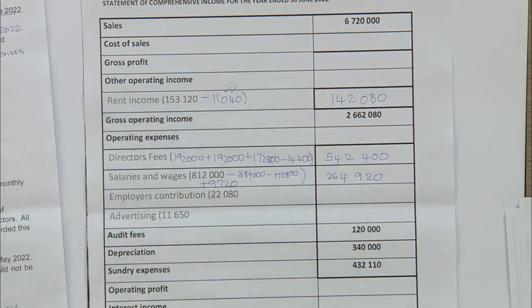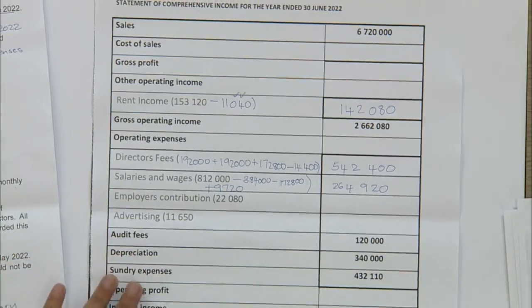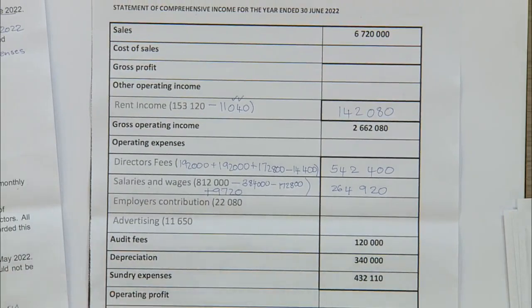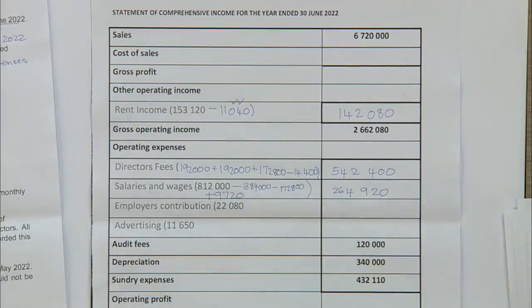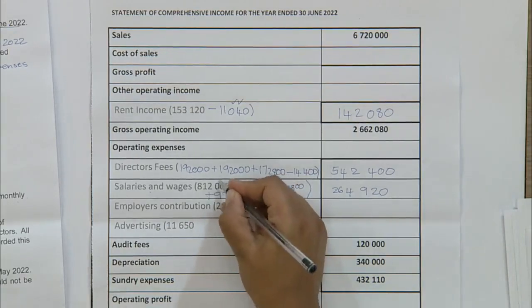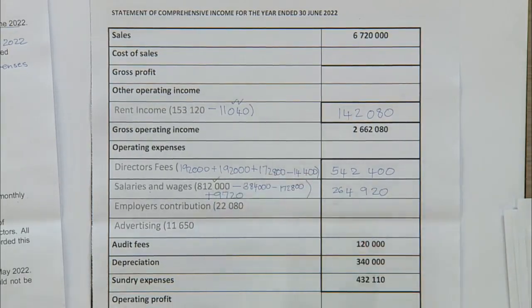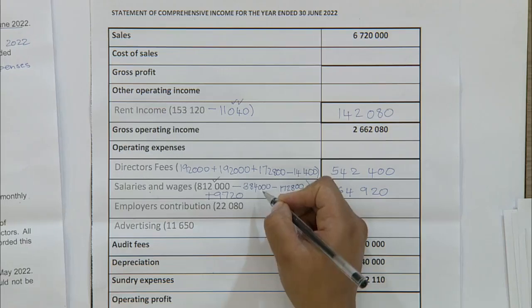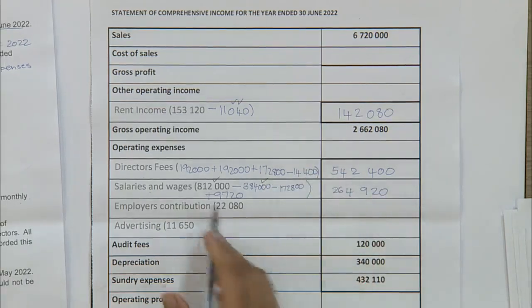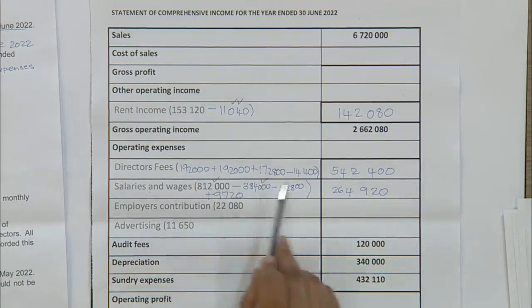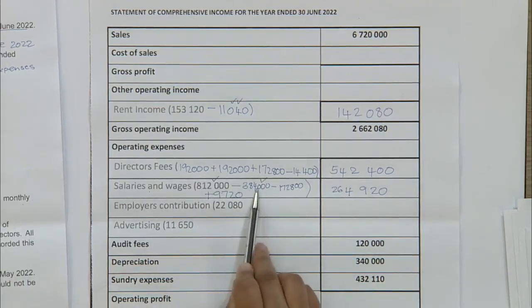264,920. So where will the marks be in this one? And I think it's quite important for you to see the mark allocation. In this event, I'm going to use a different color pen so you can see. They are giving 812,000 a mark for that. They are giving a mark for 384,000, or if you had placed 192 to get that, they will still give you the mark.